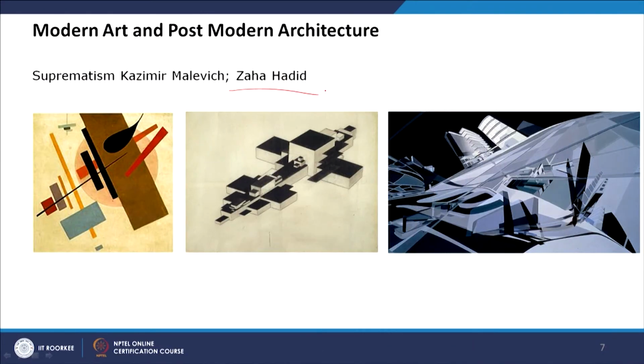Another famous deconstructive architect is Zaha Hadid, and she gave a few talks where she said her architecture style was inspired by Kazimir Malevich's Suprematism, and Suprematism is also closely linked with the Cubist movement and other movements.